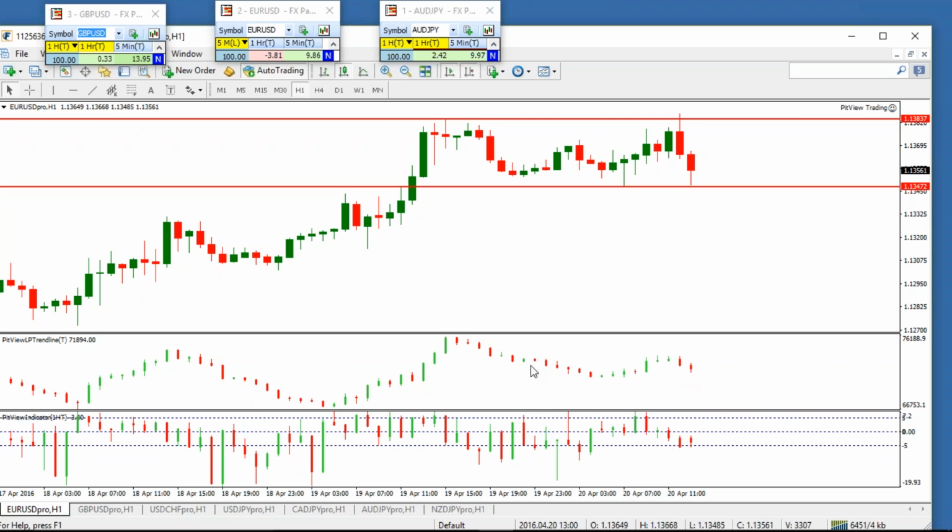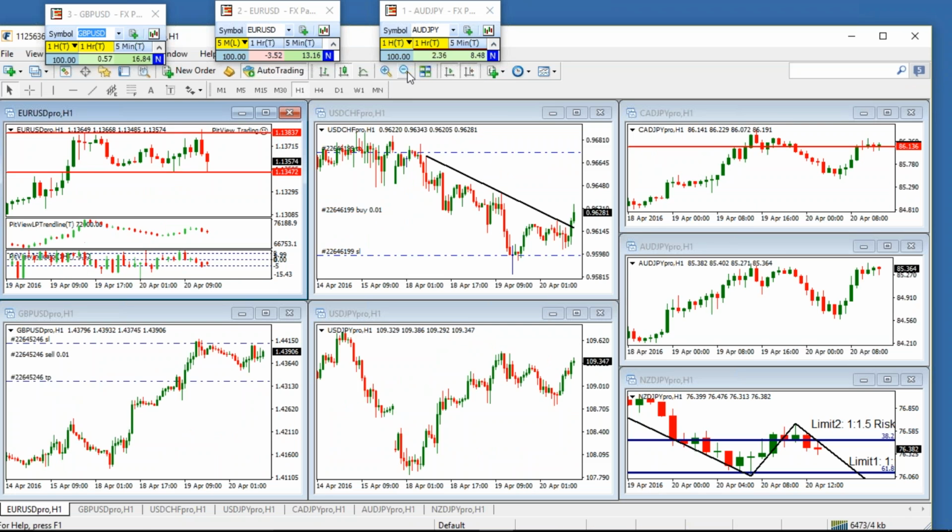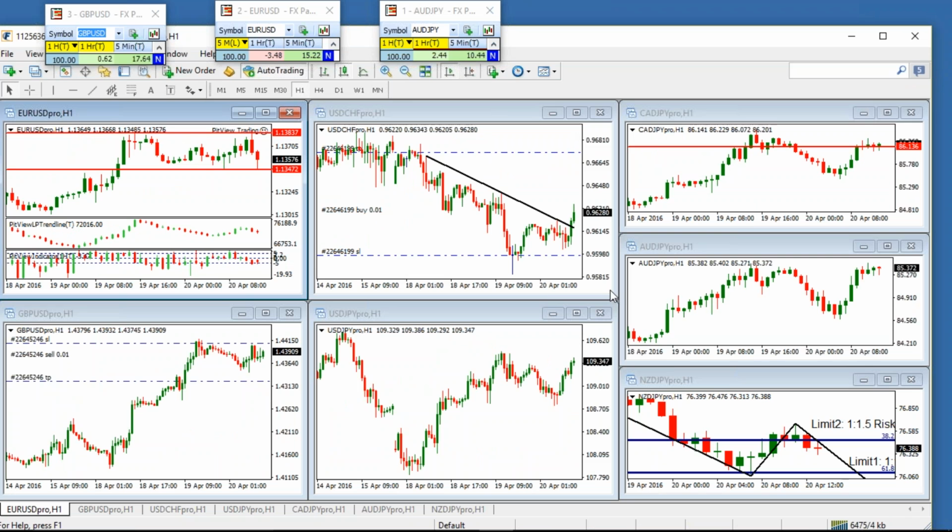The trend line has been making lower highs and lower lows, signaling a bit of selling pressure on the euro. So if you're not already long dollar Swiss, then short euro dollar would certainly be another opportunity you could seek out if you wanted a little bit more added confirmation.